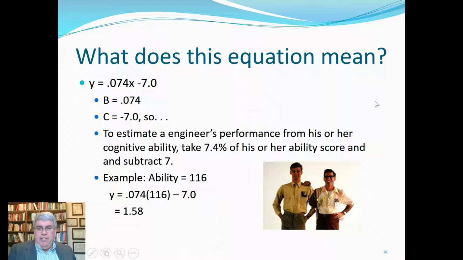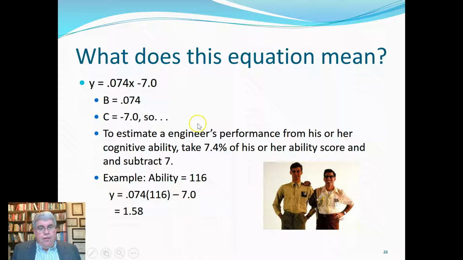That basically means to estimate an engineer's performance from his or her cognitive ability, you take 7.4% of his or her ability score and subtract 7. For example, if they have an ability score of 116, you plug it into the equation and you would get a performance of 1.58 on this 1 to 4 scale, which isn't very high.